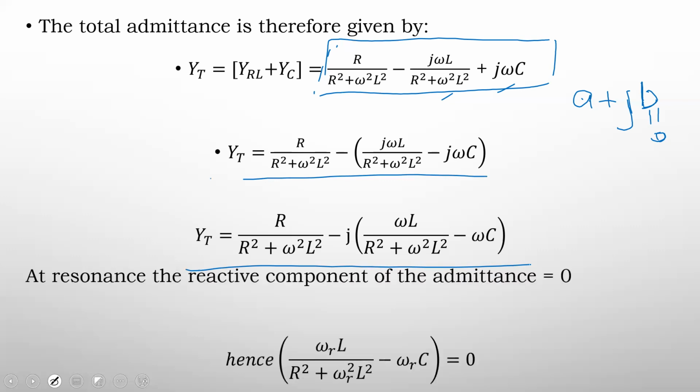At resonance, note omega L. I no longer write it as omega L. I now write it as omega R L. Omega C, I no longer write it as omega C. I now write it as omega R C, because this reactive component is 0 only at resonance. Any questions?